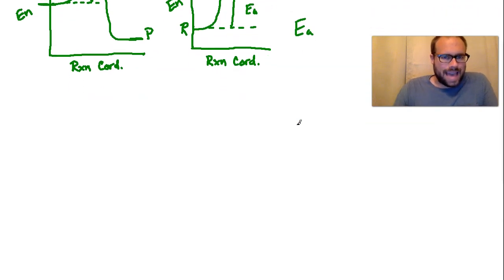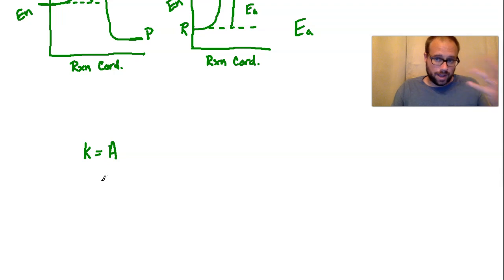All right, so how do we calculate this in relation to chemical kinetics? So the formula that we can use, it's known as the Arrhenius equation, and it is your rate constant k equal to, now this can get confusing, it's a large A, but this is not the same A that represents a generic concentration like we looked at in a previous lecture for the graphing of concentration and time.